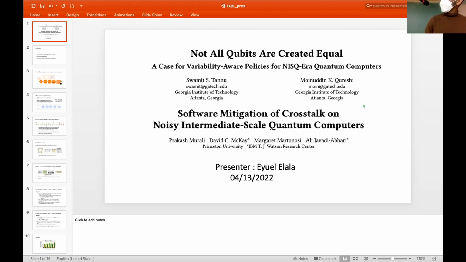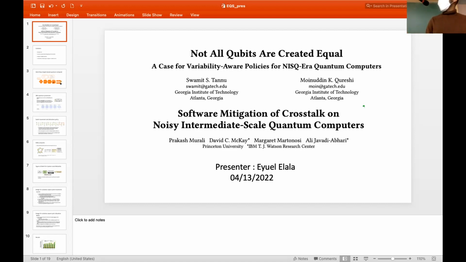So the contents will be mainly on the background, some discussion about a general overview of executing quantum programs on quantum computers and the variability-aware qubit mapping. It's mostly focusing on running certain quantum algorithms on a certain device.